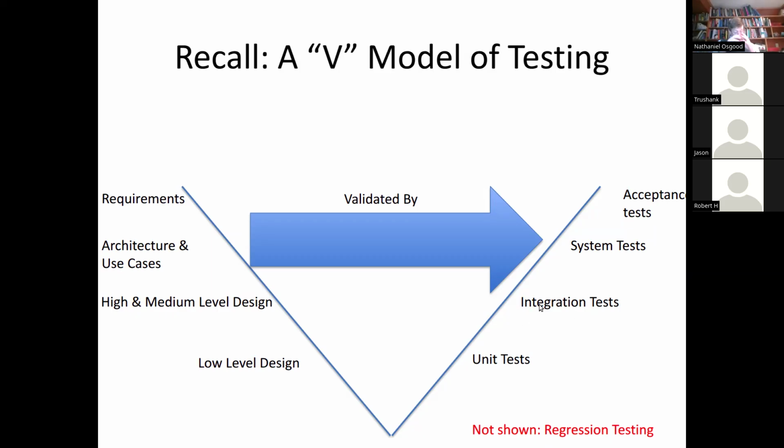So those are small pieces of a system. Maybe it's two classes of a system, or two layers of a system cooperating, the business logic layer and the data layer. Should know your layers.